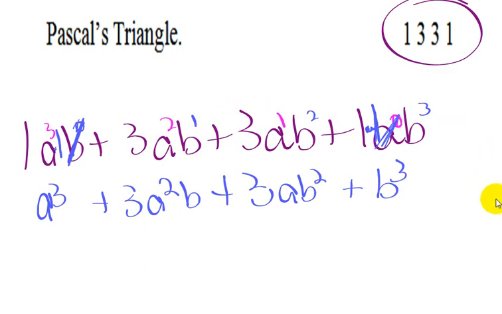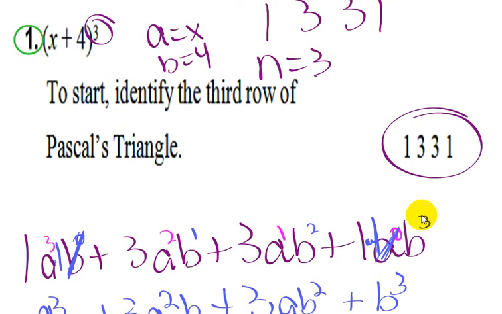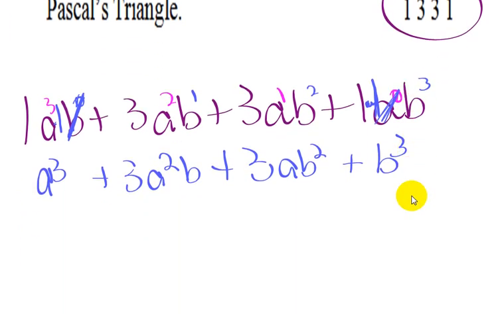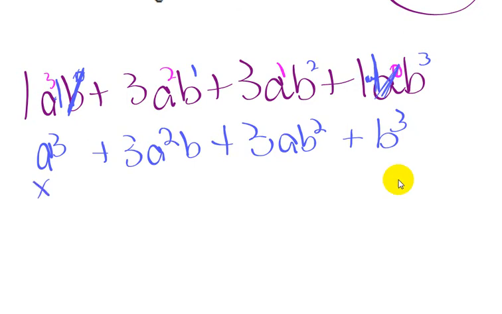All right, so now that we've got our formula here, now just plug in your a and your b. A is equal to x and b is equal to 4. So this is an x, x. And then my b is a 4.